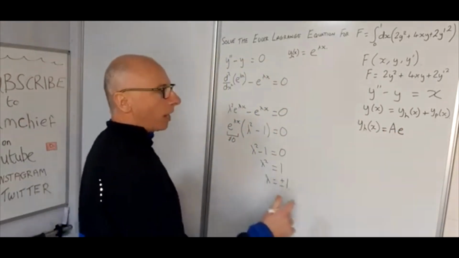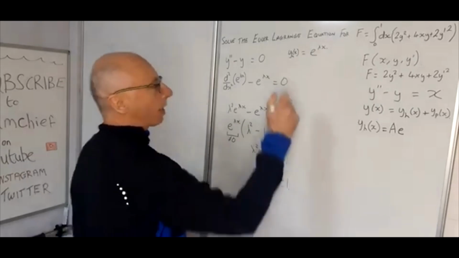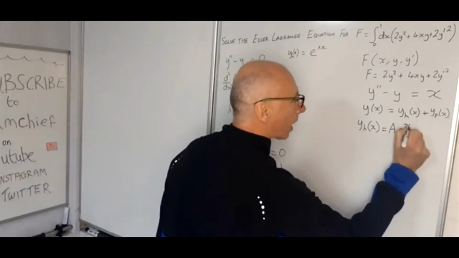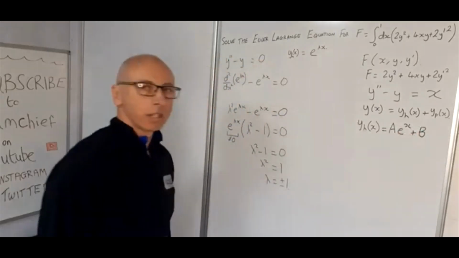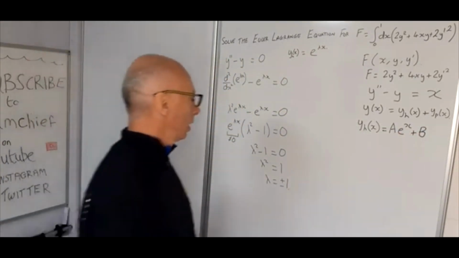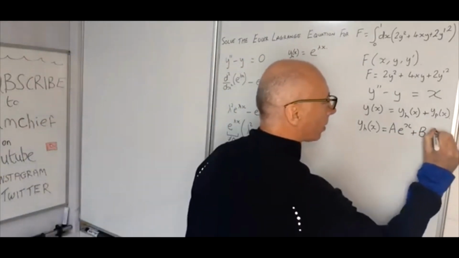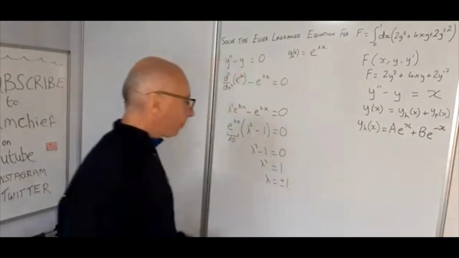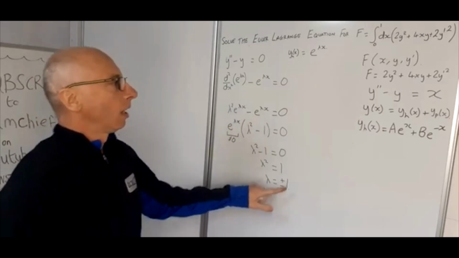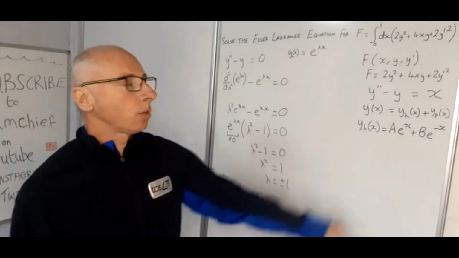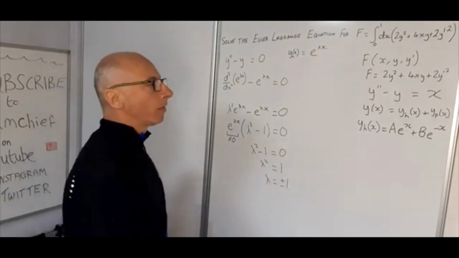So put the positive x in first, so positive 1 lambda will just give us x. And then we're going to add b, which is our second arbitrary constant. Then e to the negative x. So that takes care of our negative lambda. Okay, that's our homogeneous part of the building blocks.